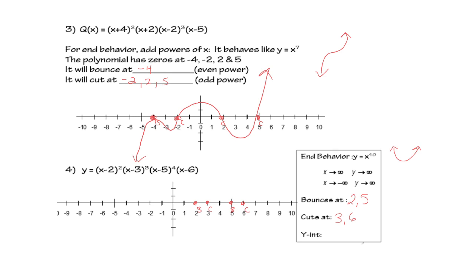Now, the other thing I want to check is my y-intercept. So to check the y-intercept, you have to put 0 in for x. You're going to put 0 in for a lot of x's. You're going to put a 0 in right here. When you put 0 here, you subtract 2, that's -2. Squared is 4. Times, because these are all being multiplied in here, the next factor, when you put in a 0, is going to be -3 cubed.